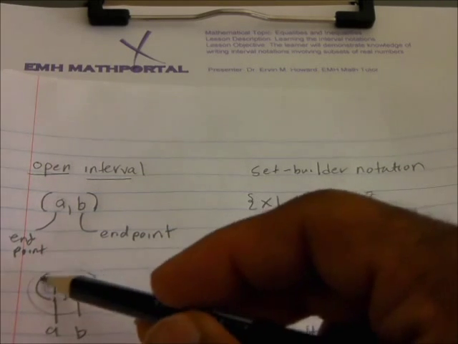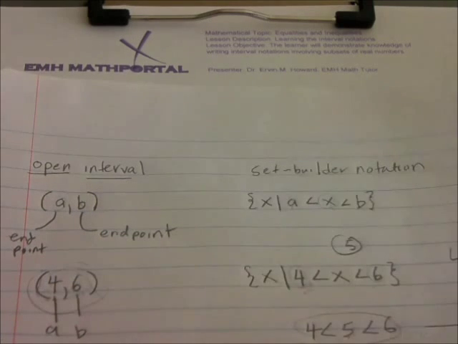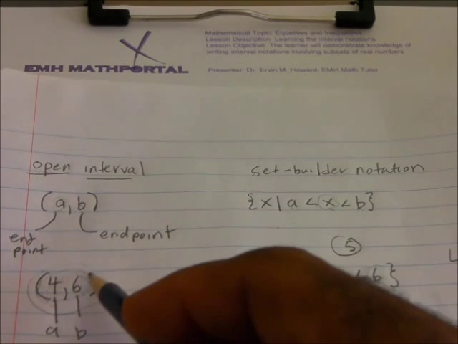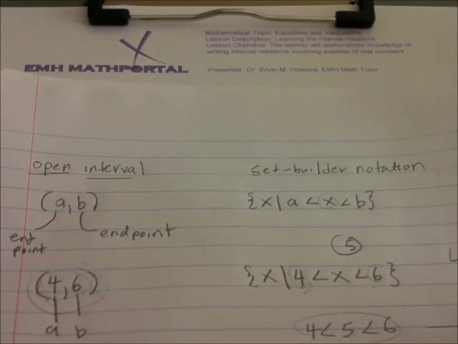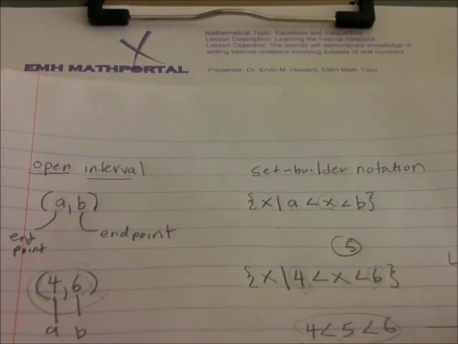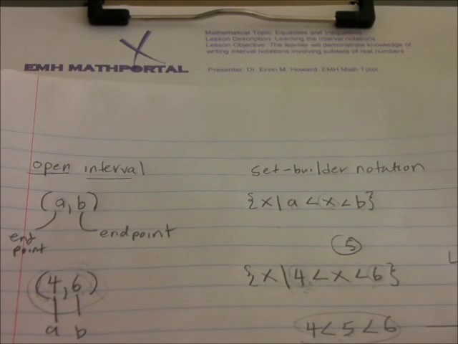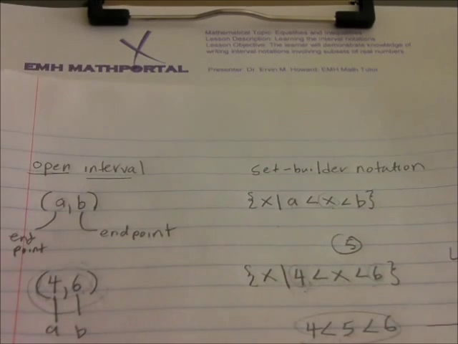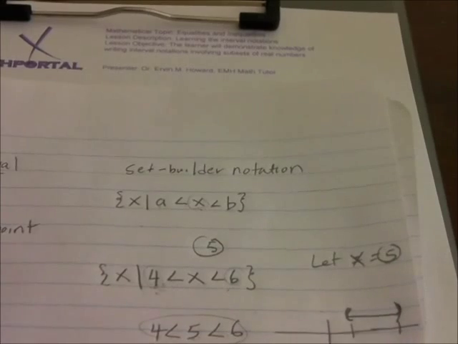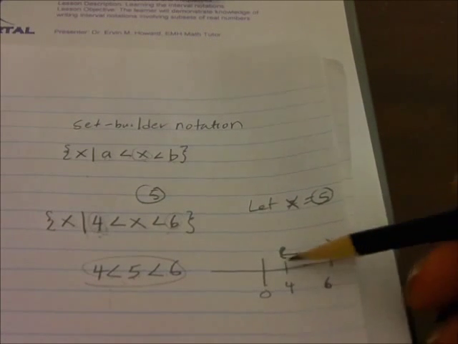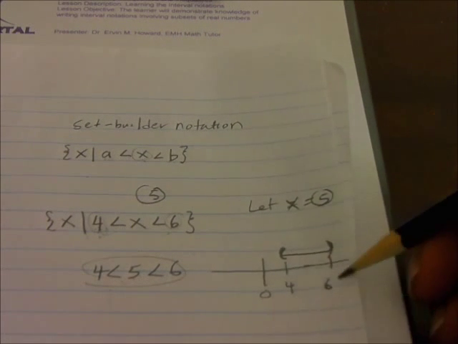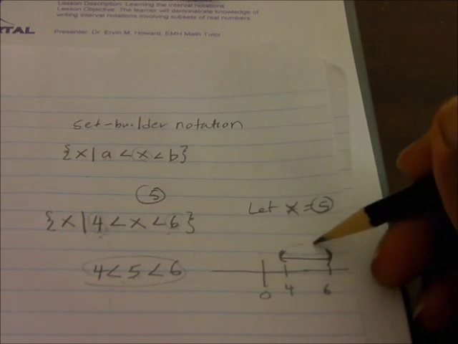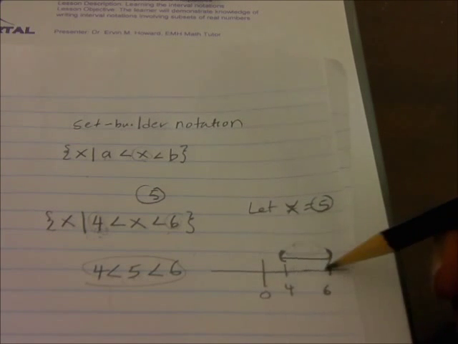You have your parenthesis pointing to the 4, the left side, and you put it over here. And then you have your parenthesis pointing to the 6 on the number line, and then just draw your line. This represents the numbers existing in between 4 and 6. You have a whole set of numbers, and this is an interval between 4 and 6.